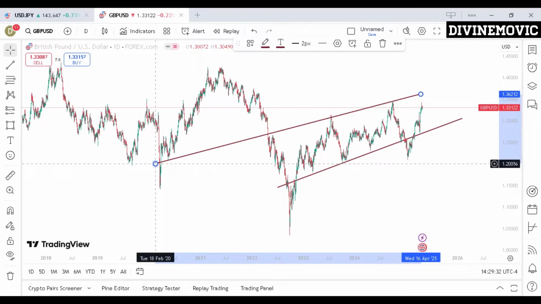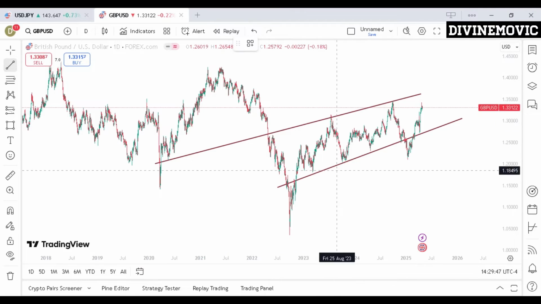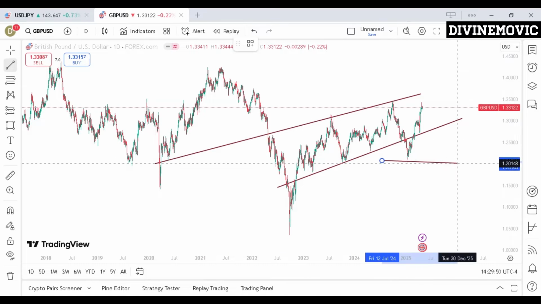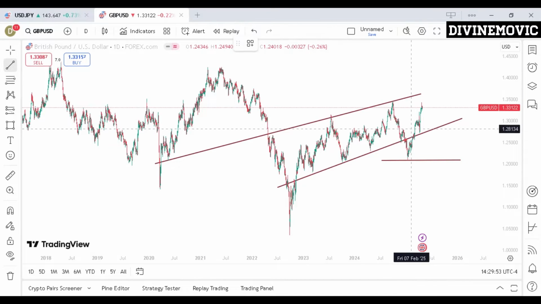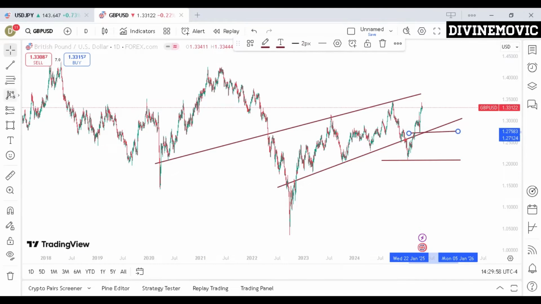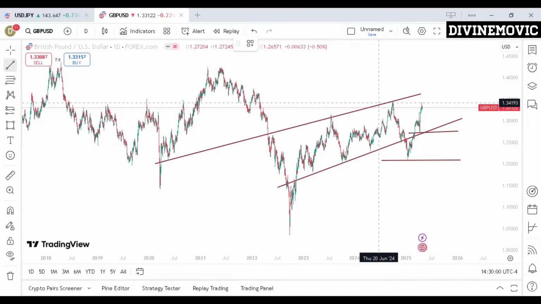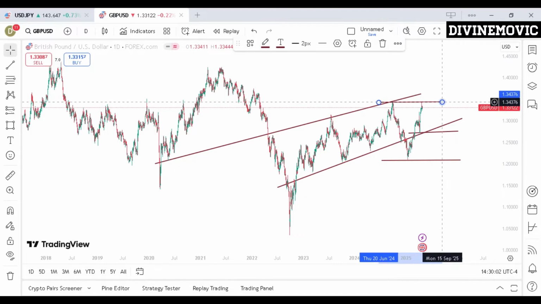In this case, for us to simply understand that, we want to simply identify the key levels. The key level is going to tell us if price is going to continue to the upside or price is going to continue to the downside. In this case, here is the support key level, and also here is another support key level, and then here is the resistance key level.